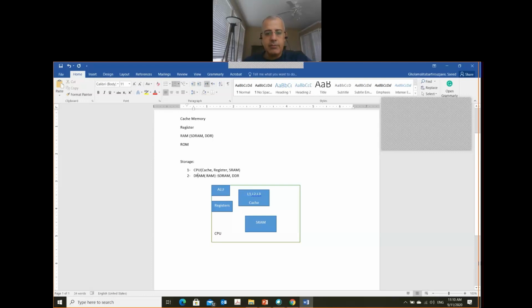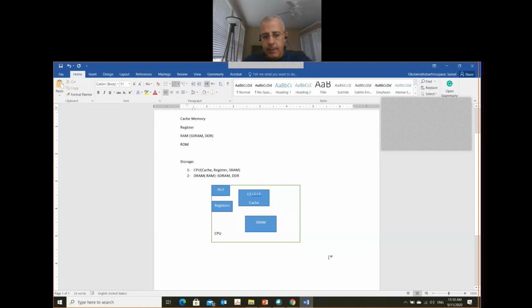So dynamic RAM needs refreshment 1,000 times in a second, but SRAM, which is located inside the CPU, can keep its information for a long time. That's the difference between them, and that's why dynamic RAM is slower than the SRAM.